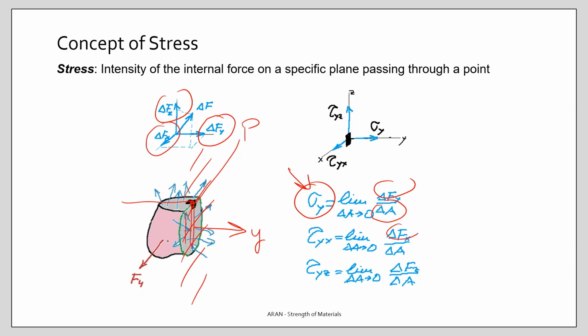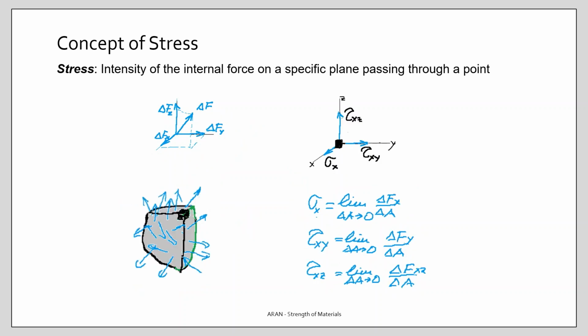Well, these forces divided by the area gives you the shear components. In this case, the first subscript is the normal of this plane, which is y, and the second one is the direction of the shear stress.